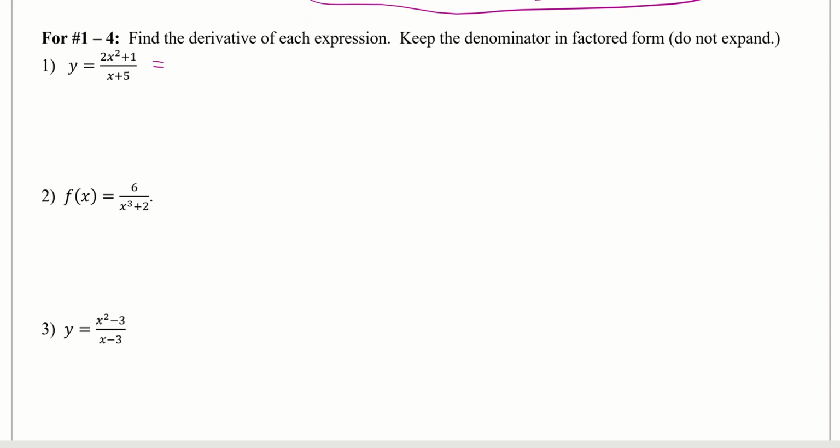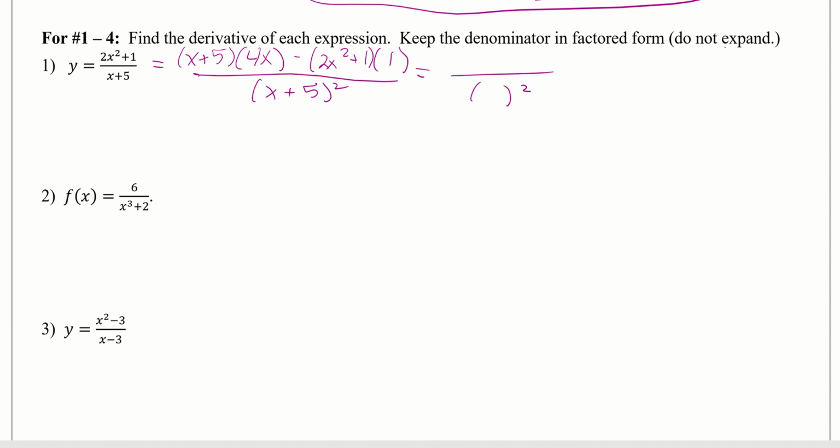So what we're going to do is, if we remember low d high, so the bottom times the derivative of the top, so this would just be 4x, minus its high d low, right, so the top one times the derivative of the bottom one, all over the bottom squared. And if it's not too crazy, we're going to definitely clean up the numerator. Again, we can leave the denominator as is.